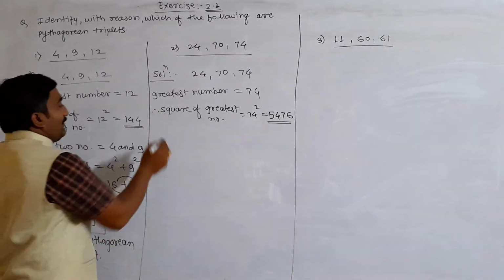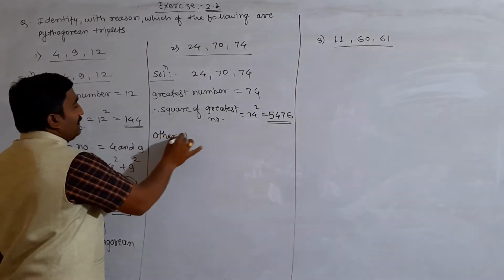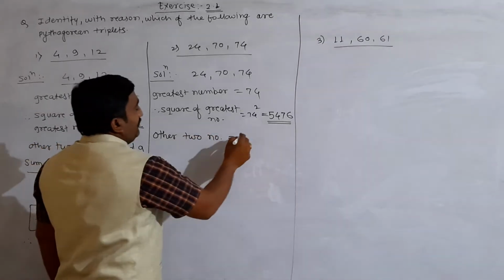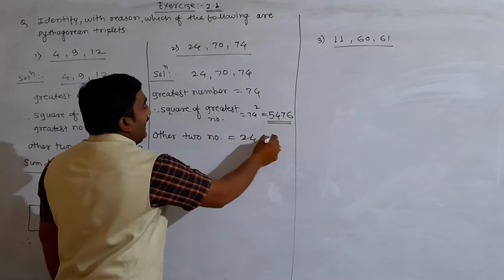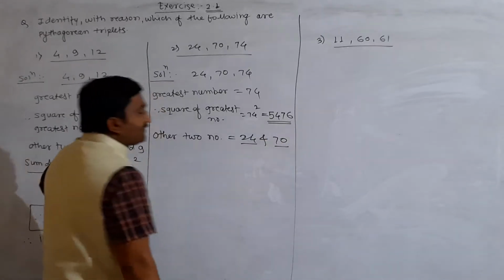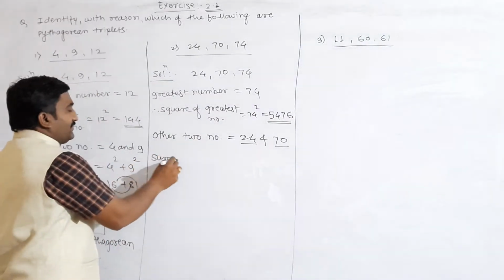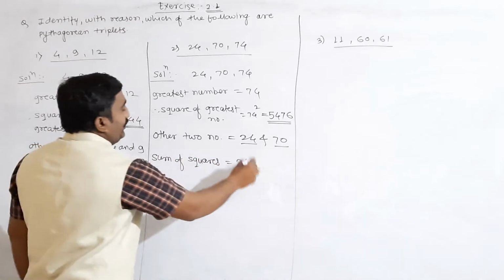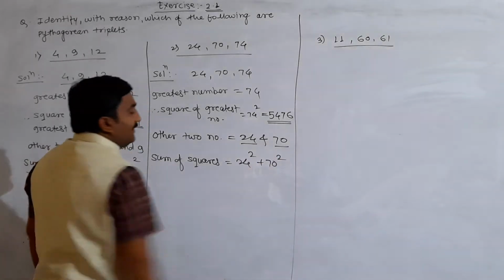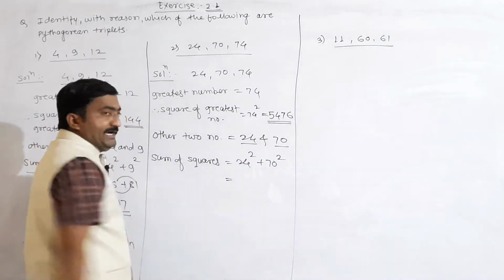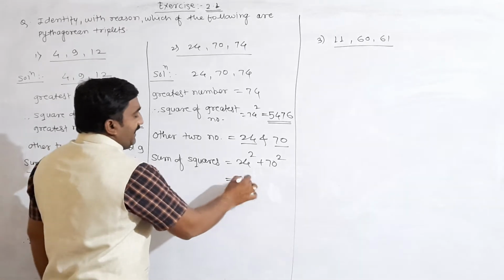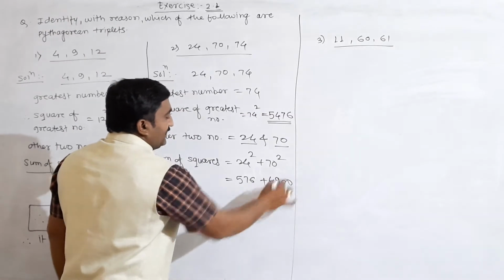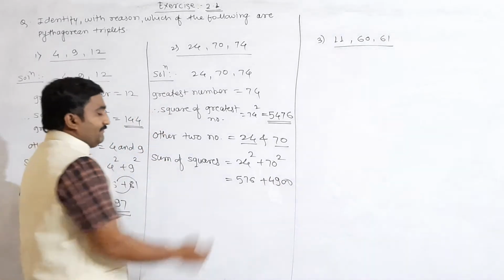Then the other two numbers are 24 and 70. The sum of squares is 24 square plus 70 square. 24 square is 576, plus 70 square is 4900.